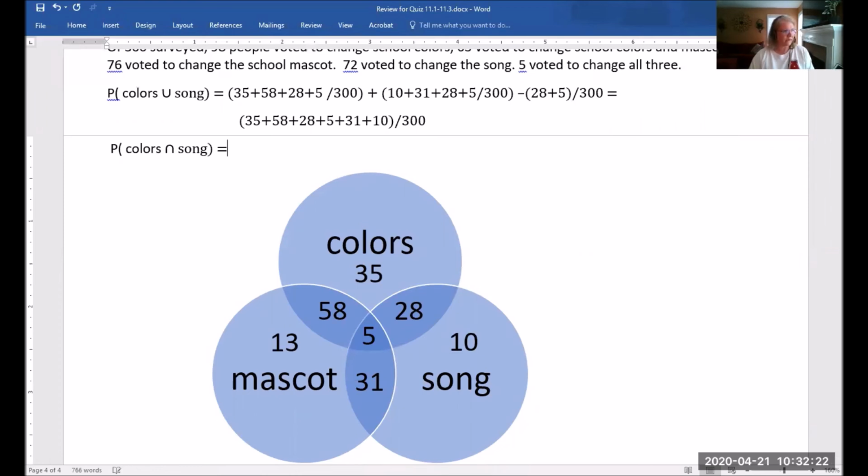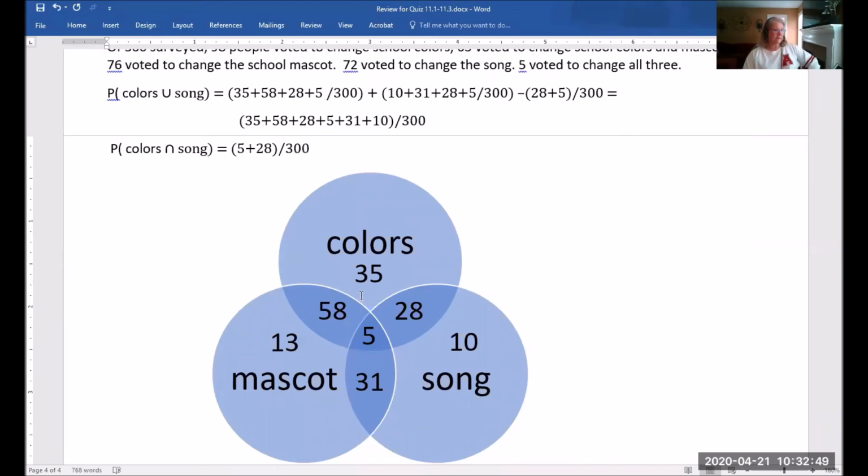Y'all see that? So what is the overlap between colors and song? Someone tell me. 5 and 28. There you go. So all we have to do now is do the 5 plus the 28 and put it over what number? Sorry, that should have been plus, y'all. What am I going to put it over? What was the total, y'all? 300. The 300. And that's how I get the and.